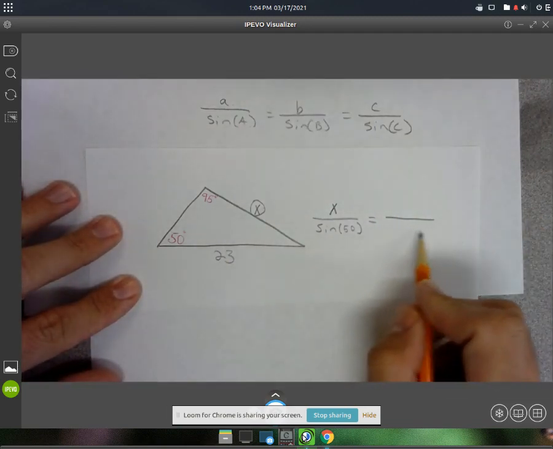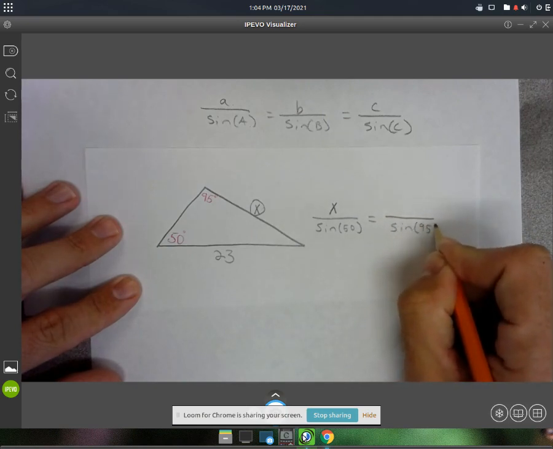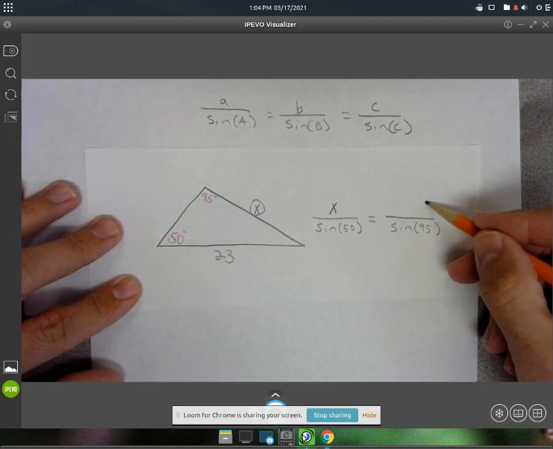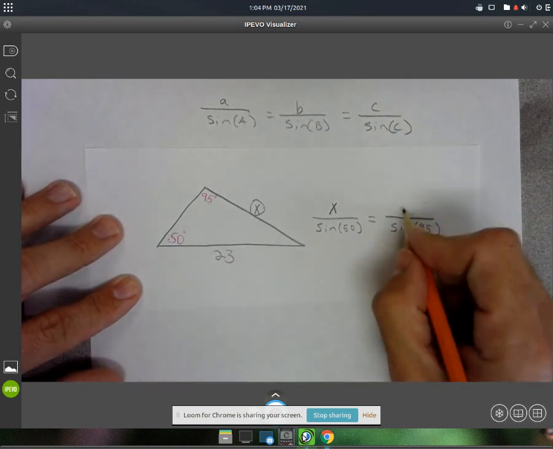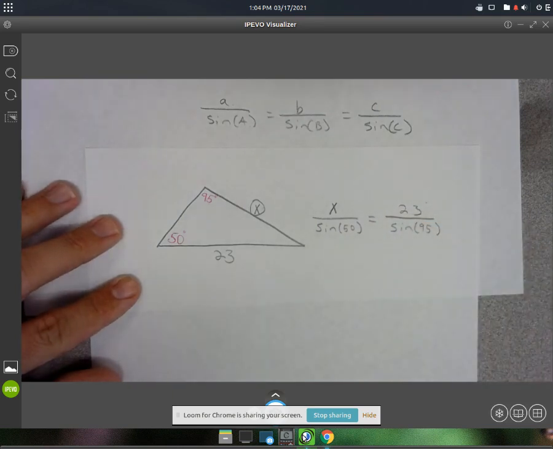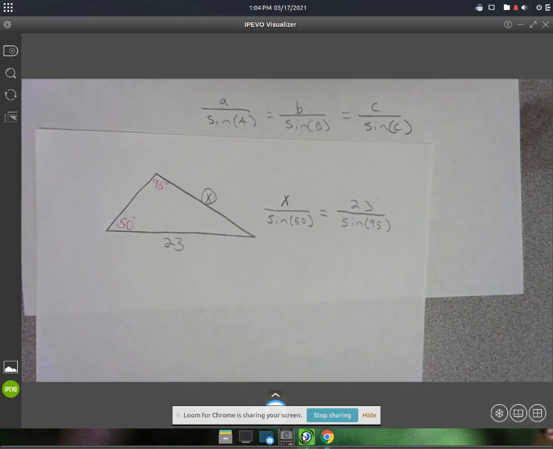So my angle goes on the bottom, sine of 95, and the part that goes up top has got to be the side length across from that angle, 23. This is going to be our equation, and it's not too bad to solve.